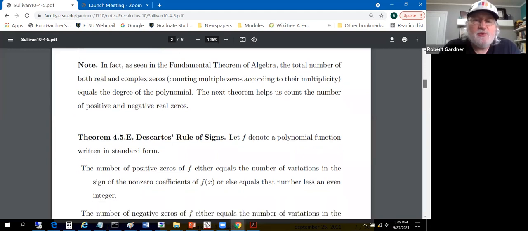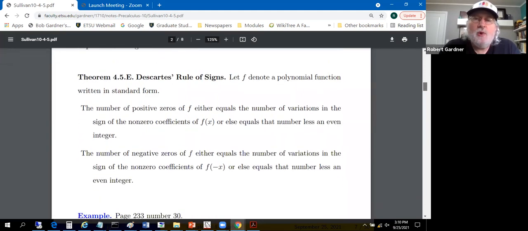Here, if we're going to restrict ourselves to real numbers, which I'm fine with up to this point, I'm going to have to throw around the word "at least" a lot. There's at least this many whatevers. Yeah, where's the rest of them? Well, they're out there in the complex realm. So we don't find maybe all of the zeros of a polynomial if we're only going to stick to the real numbers. So that's why you see this "at least" stuff in several places.